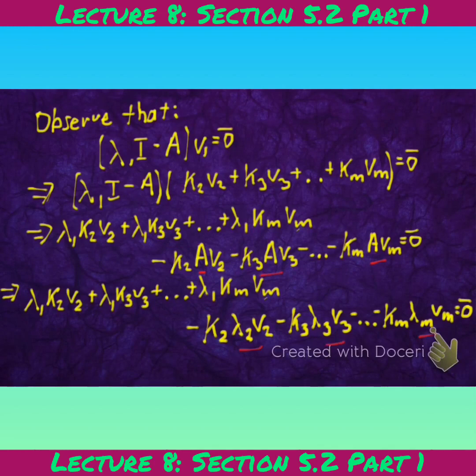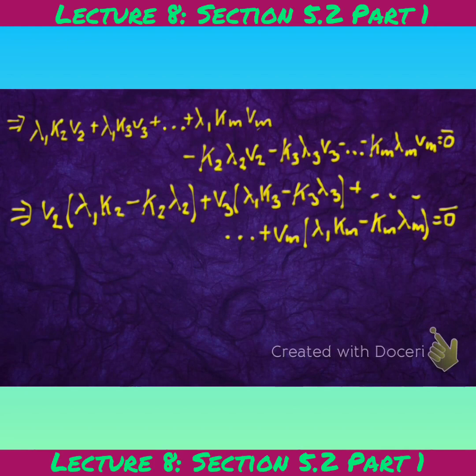And now we basically group the V2s together, we group the V3s together, and we do that up until we get to Vm. So that expression then becomes, right, grouping all those terms together, we get that. Now remember, what did we say previously?